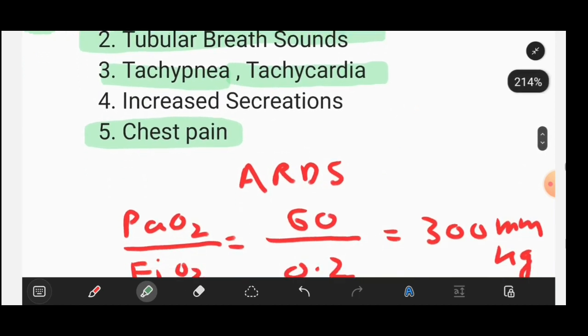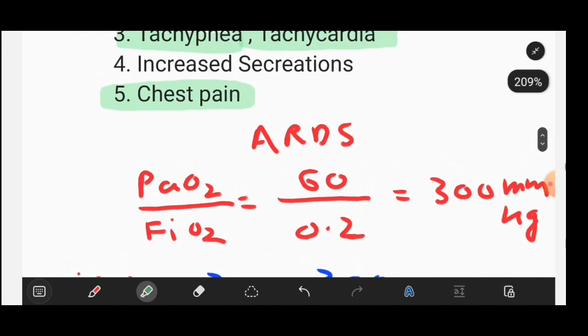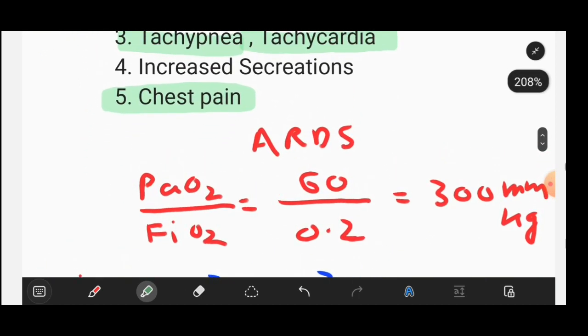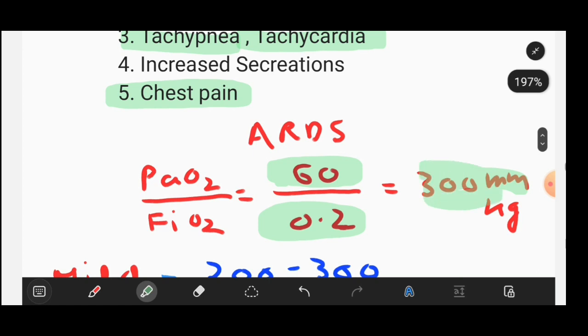So guys, as we know, in ARDS there is a ratio of partial pressure of oxygen divided by fraction of inspired oxygen. So PaO2 is 60 divided by 0.2, which is FiO2. The ratio will be 300 mm of Hg. As we know, in ARDS the patient will present with a ratio less than or equal to 300 mm of Hg.